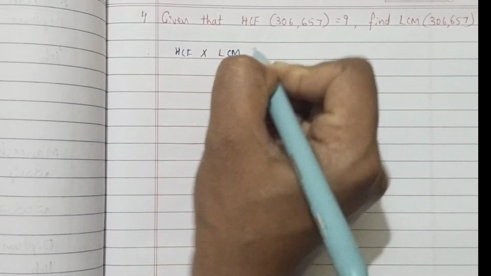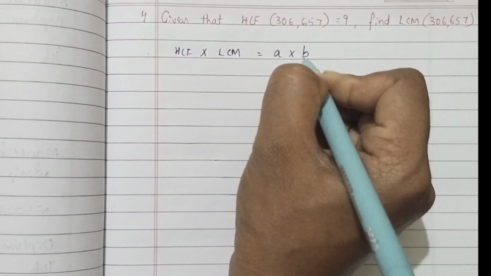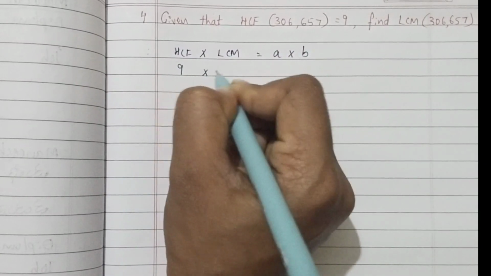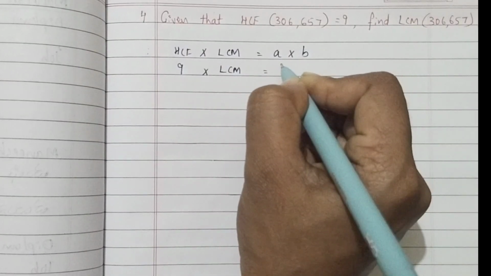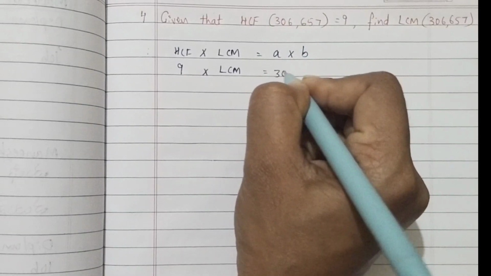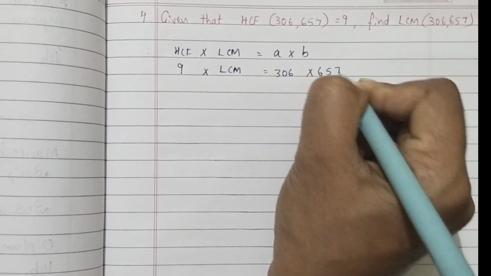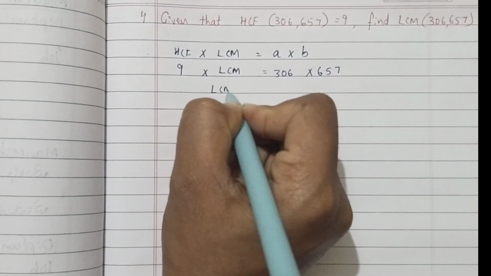We know the verification method, that is HCF into LCM is equal to A into B. A into B is given in the question and the HCF is also given. We have to find the LCM. 9 into LCM, which we don't know, so we write LCM as it is. A is 306 and B is 657. After substituting this, we have to find the LCM.